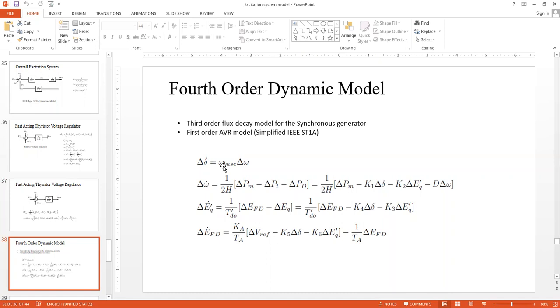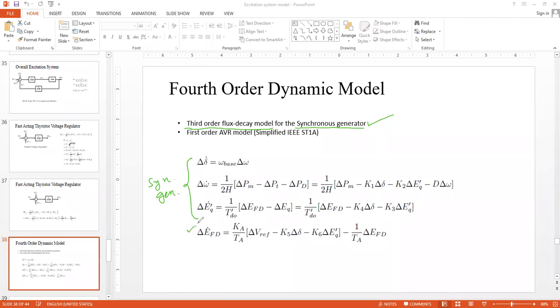Within this fourth order model, we have the third order model for the synchronous generator, which is also known as the flux decay model. So the first three equations belong to the synchronous generator.